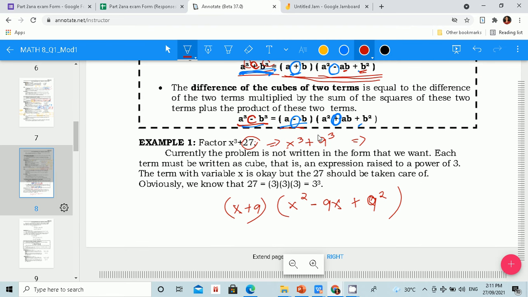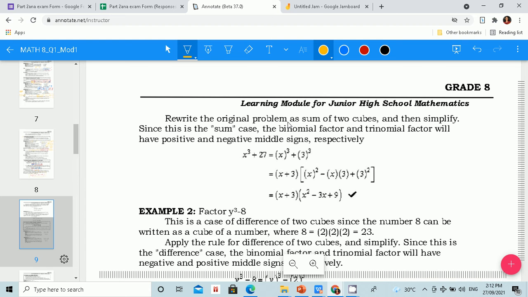So again, class, our a here is x, this is b, so a cube. Okay, so this is our final answer. Okay, so we write the original. Okay, we have done that.